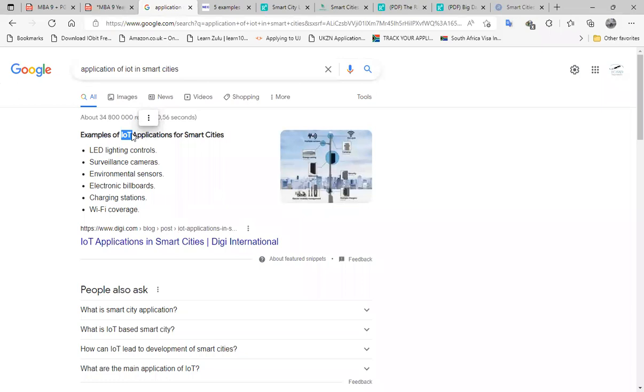Their cities are so big, right? In those cities, just imagine there are cameras in every street, in almost every corner. Just imagine the amount of data that will be generated. So it needs the Internet of Things. Those are some of the applications, right? So you just have to go and find more on that, right?